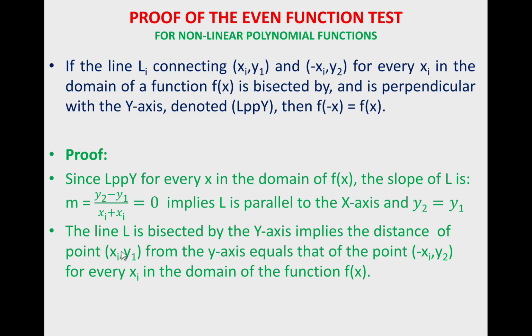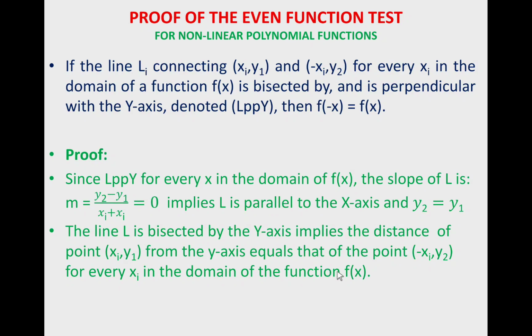So the distance between x_i, y1 to the y-axis is the same as the distance between its image, minus x_i, y2 to the y-axis. And this applies for every x in the domain of the function f of x.